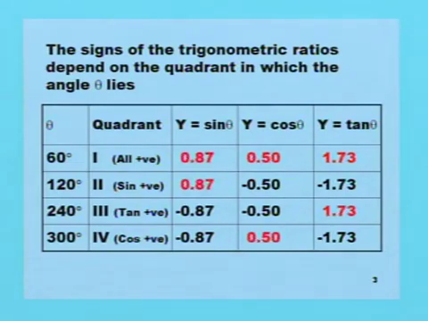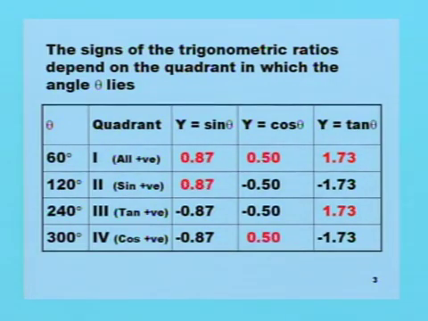Look at when theta is equal to 300 degrees. The angle will fall in the fourth quadrant. And in the fourth quadrant, only the cosine ratio is positive. So sine 300 degrees is equal to minus 0.87.